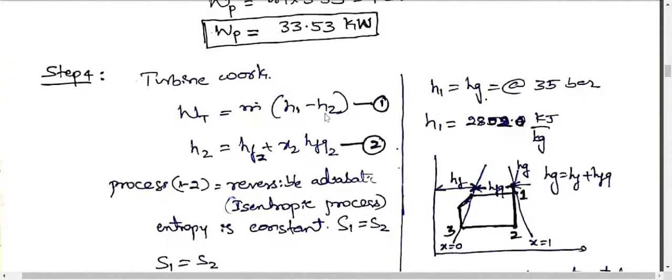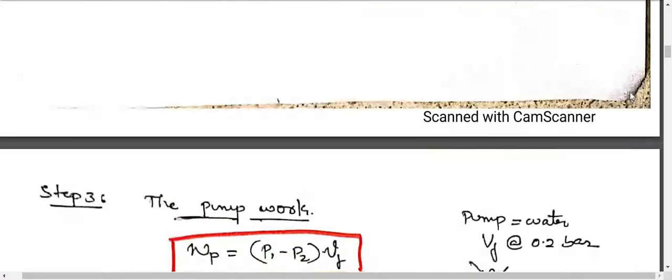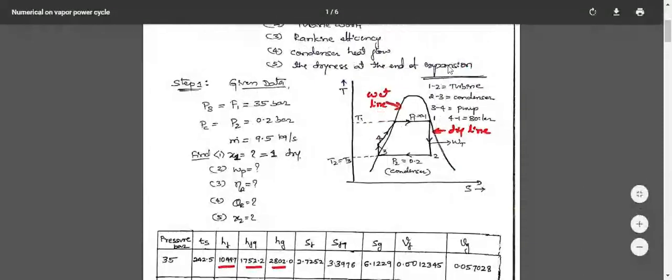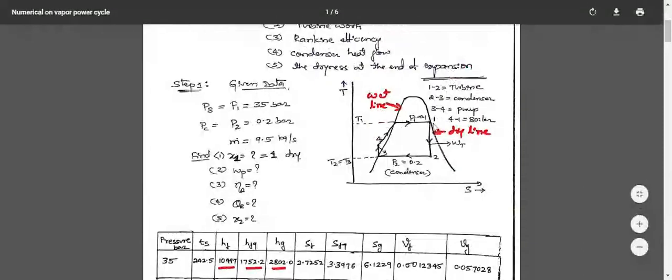So H1 minus H2. H1, the point number 1, is on the dry line, that is the vapor line. So directly we will get the value of Hg. And dear students, I will make it clear: any values you are taking on the dry line will be represented with suffix g.